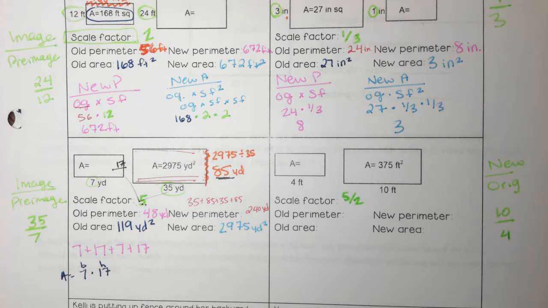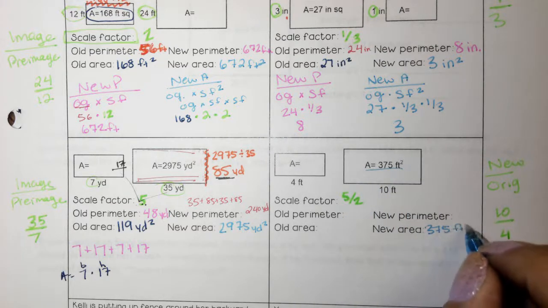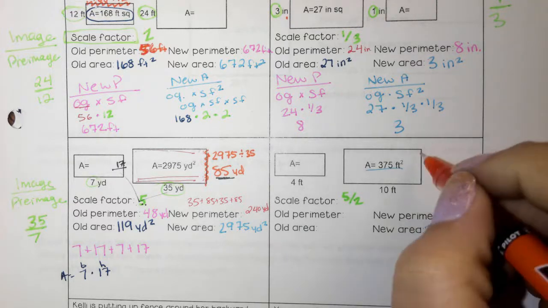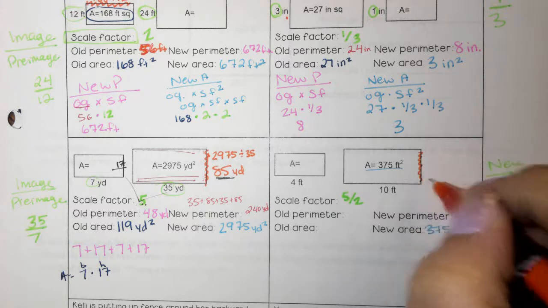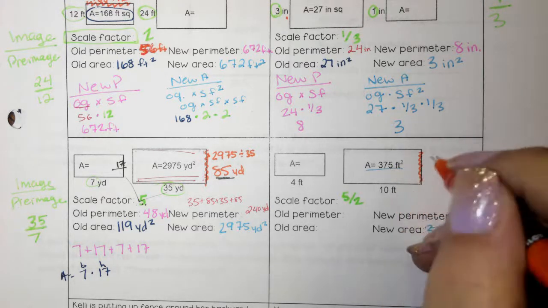I see that my new area has been given to us at 375 feet squared, along with one side length, which means I can solve for the other side length in this rectangle, because 10 times something gets us 375.